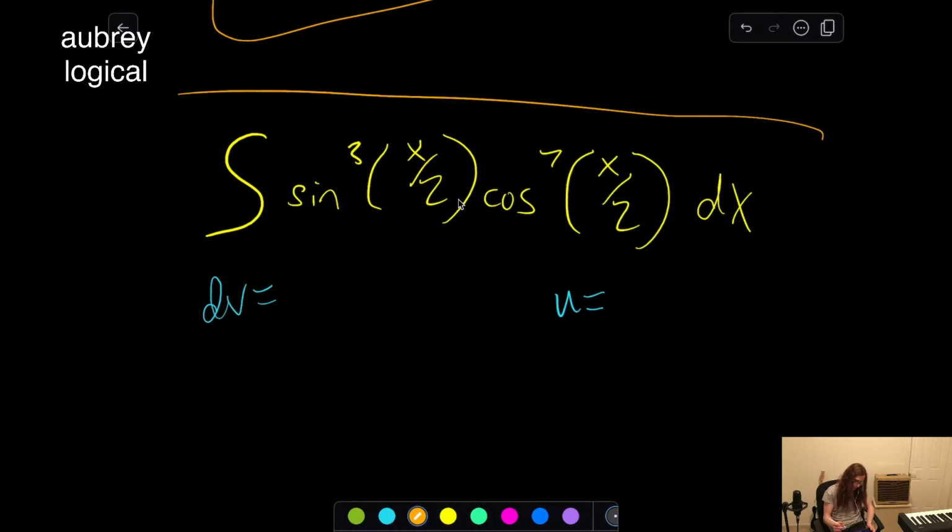So if we do u is equal to cosine x, then du is equal to sine of x dx. So dv is going to have the dx in it.